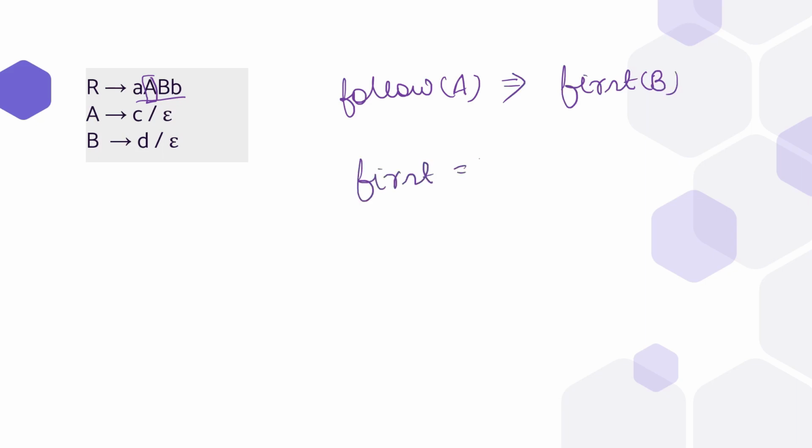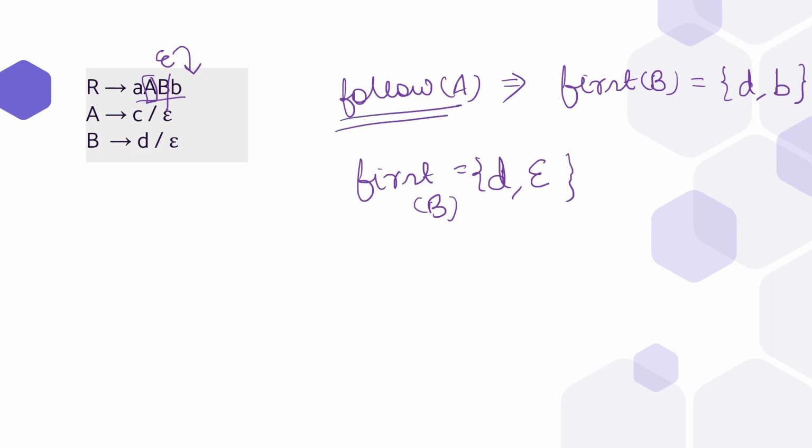You can easily say that the first of B is d and epsilon. Okay, so here what we would do is we would write d and we would replace this particular variable with epsilon. And now what is the follow of this particular epsilon which we have eliminated here is b. So d and b will be the follow of A.